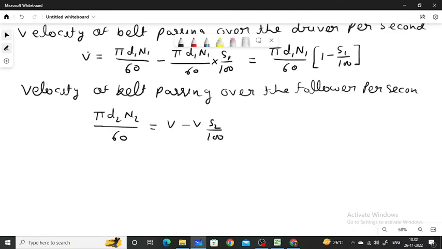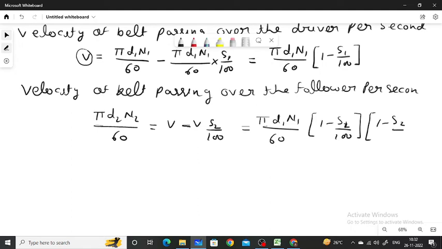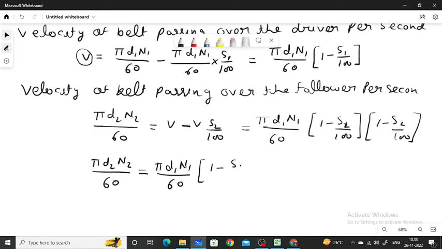With V being pi d1 n1 upon 60 into 1 minus s1 upon 100, we get pi d2 n2 by 60 equal to pi d1 n1 upon 60 within bracket 1 minus s1 upon 100 minus s2 upon 100 plus s1 s2 by 100.